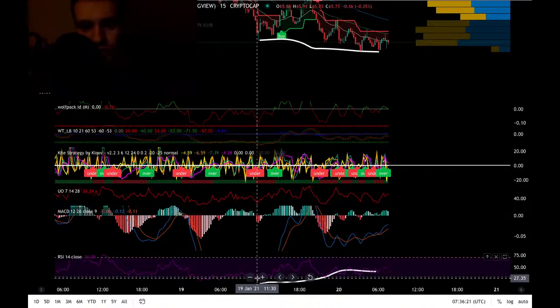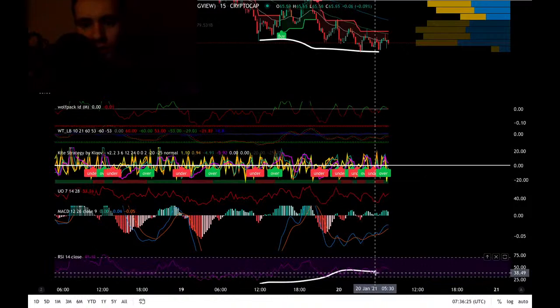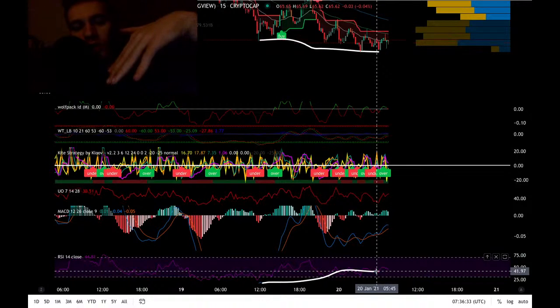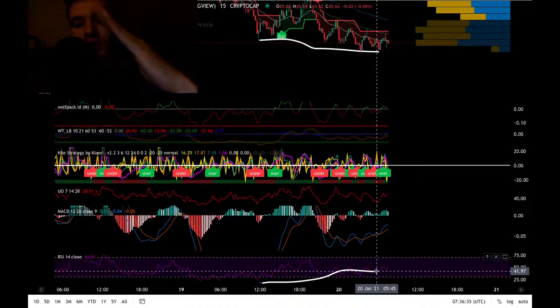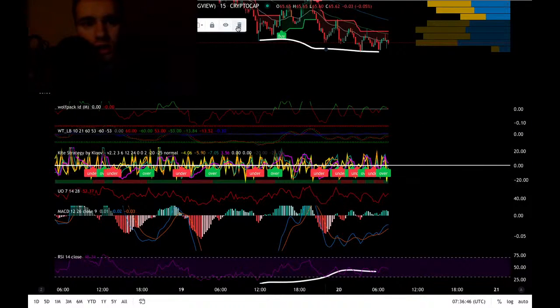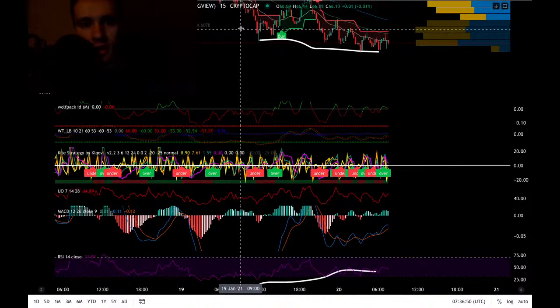Then you move it up to where this price action is, and they're basically diverging. The price action is moving into lower lows, and the RSI, the oscillator, is moving into higher lows. So they're not correlated, they're diverging against each other. Just a little bit of RSI divergence.